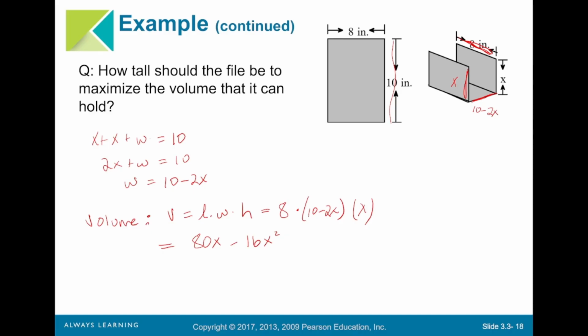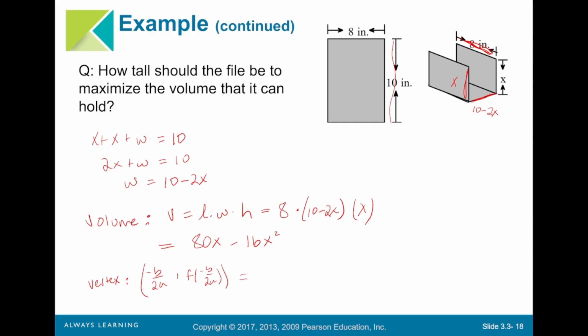So I'm looking at 8x times 10, 80x, 8x times a minus 2x, minus 16x squared. And we want to maximize this. So we want to find the vertex. The vertex is negative b over 2a, comma f of negative b over 2a.